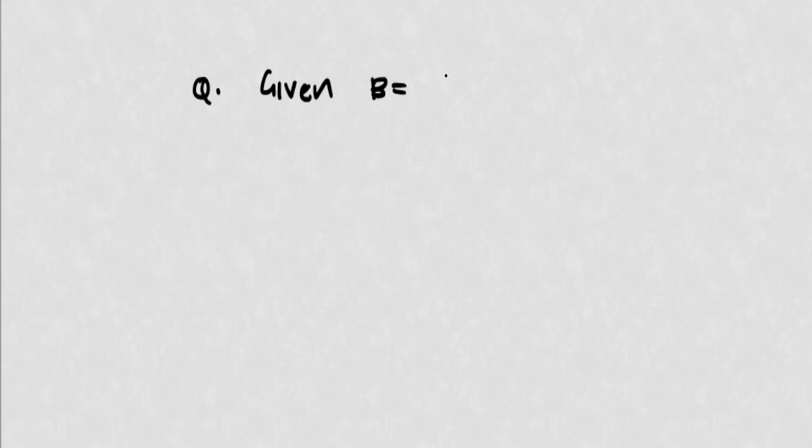So given matrix B to be as follows: 2b minus 1, then this side we have a 4 here, then we have negative 3b, and this side we have negative 5. Alright, so this is what we have.